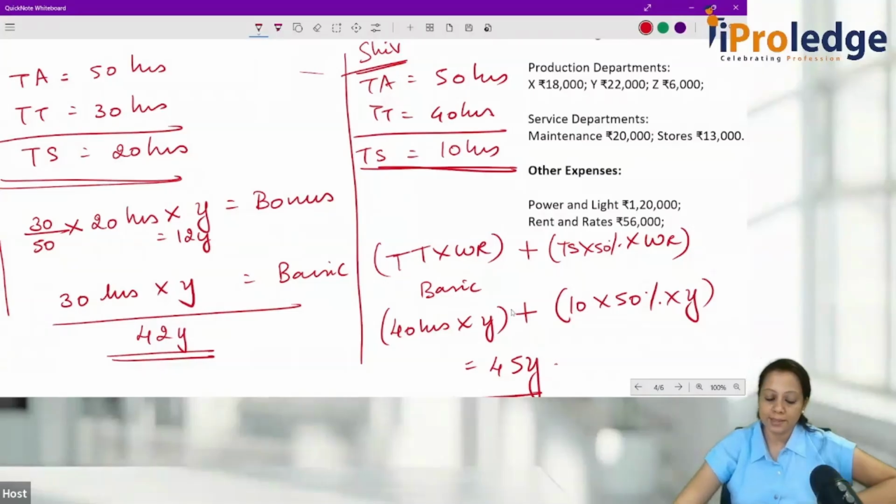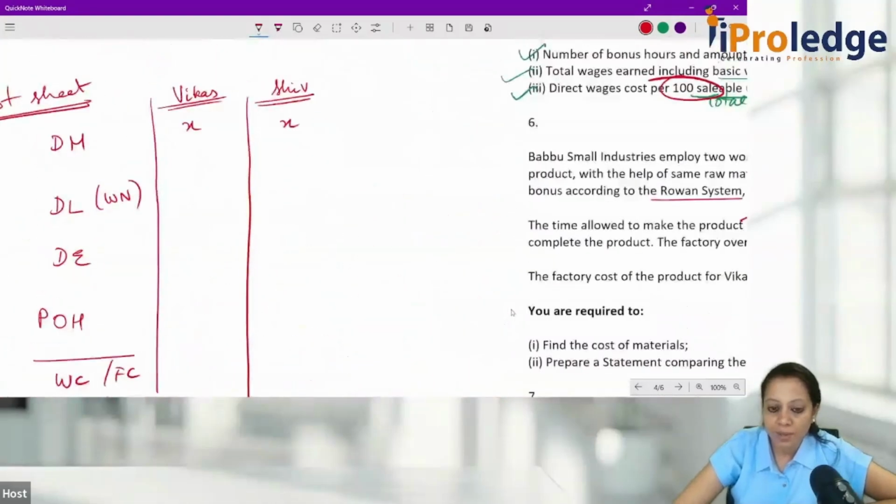Shall we proceed? So one is 42Y, another is 45Y.